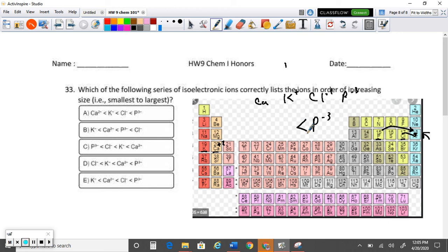So phosphorus is greater than chlorine, which gains 1 electron, and then it's going to be greater than potassium, because potassium loses 1 electron, which is greater than calcium, which I just happened to put them in the right order because calcium is going to be the smallest because it loses 2 electrons.